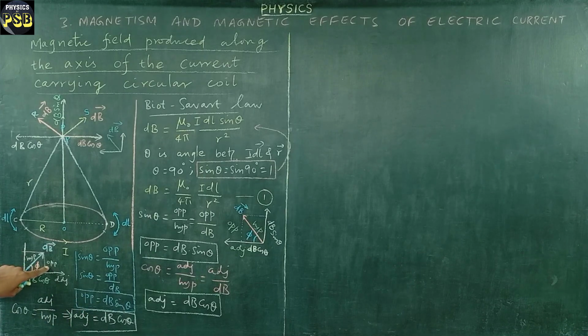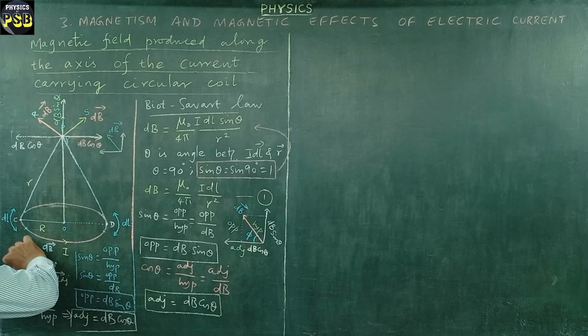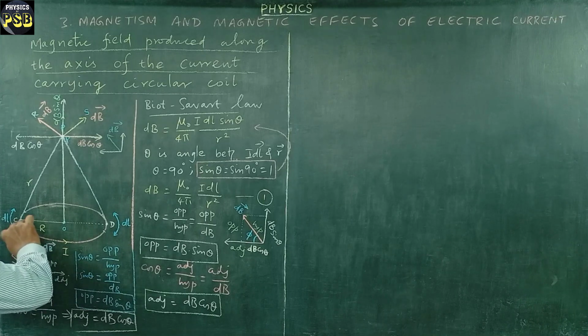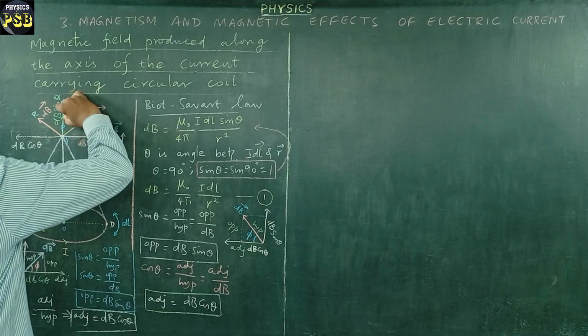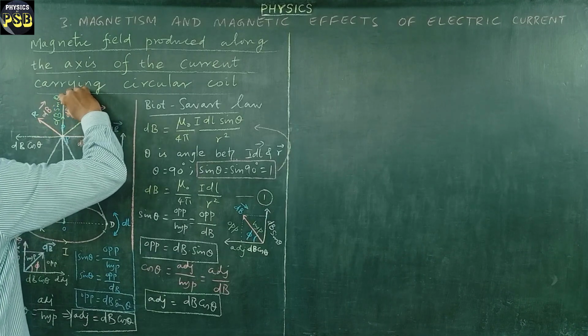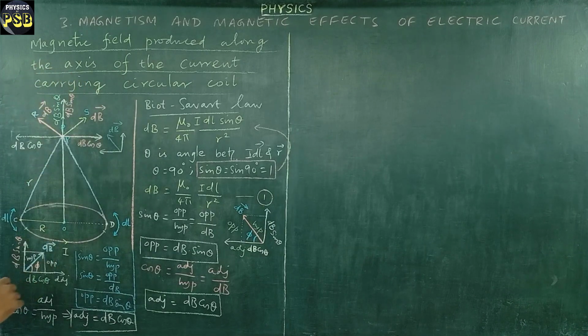It is the opposite side. This line goes parallel to it. What is dB sin theta? Then this will also be dB sin theta. So I mentioned that one here. This dB sin theta.